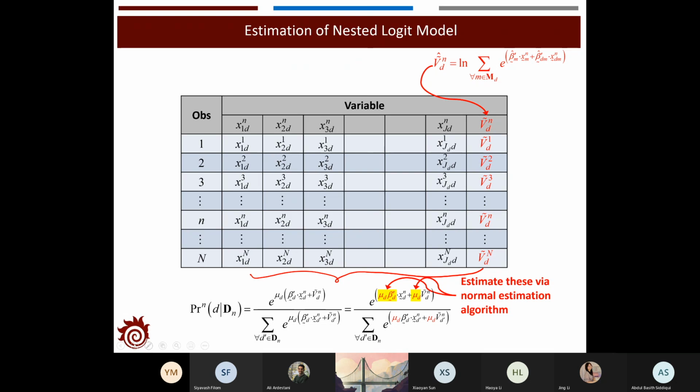And so in this estimation, you will also be able to find out the value of mu d. This one is just based on the calibration method of the multinomial logit model, and it's quickly performed as one variable, one coefficient for us to obtain.